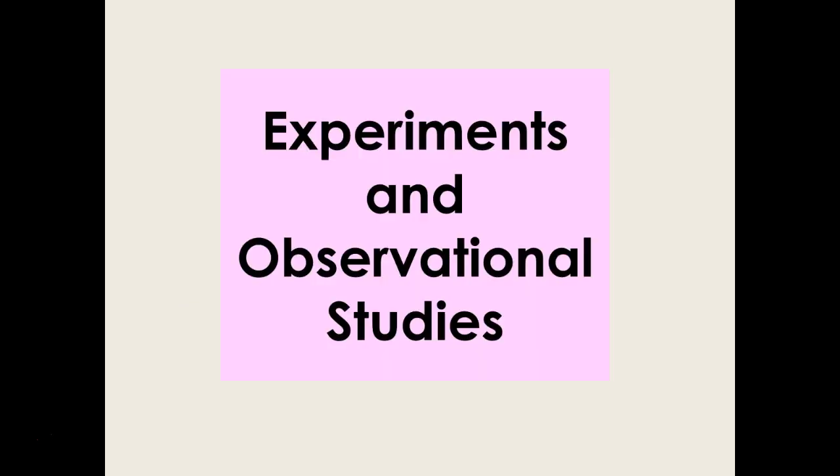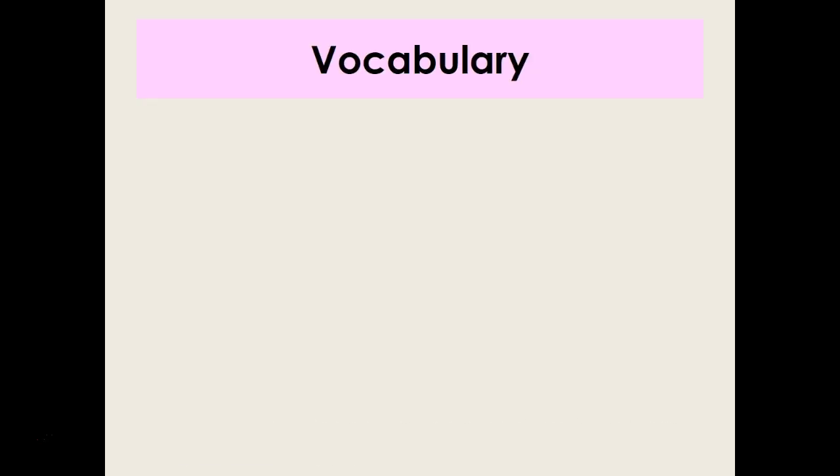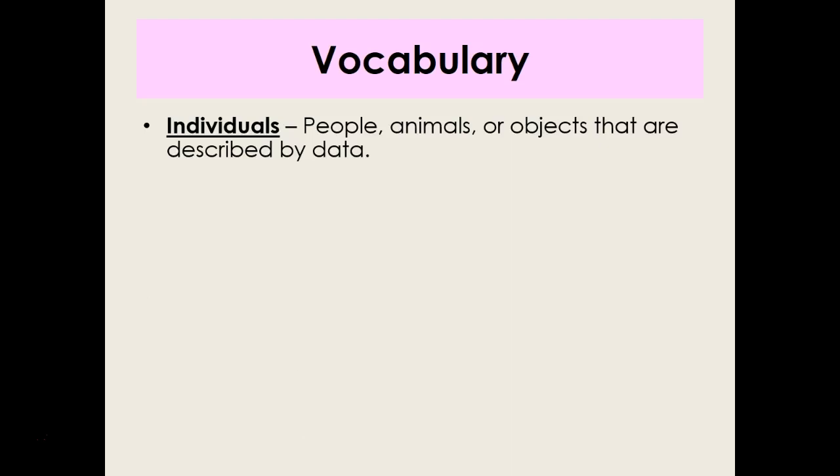Let's move on to the difference between experiments and observational studies. Experimental design has some specific vocabulary that you should know. First, when we talk about individuals in the study, in the experiment or in the observational study, these could be people or animals or objects that are described by the data.